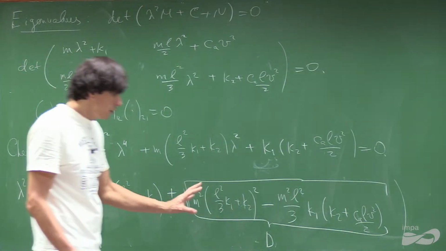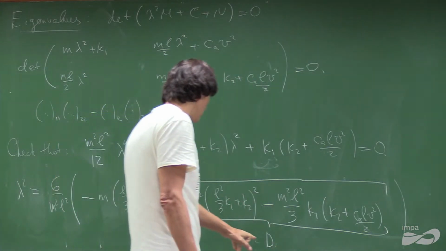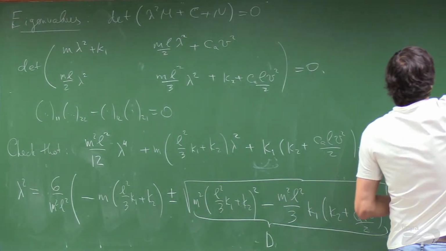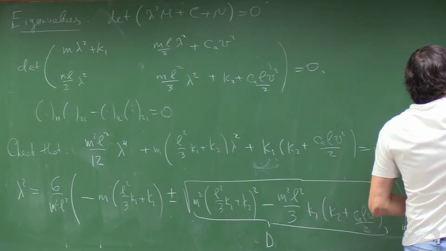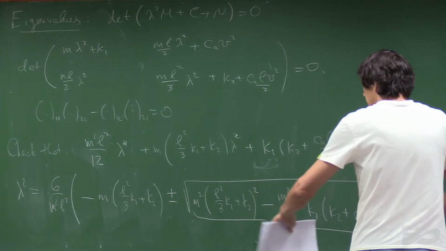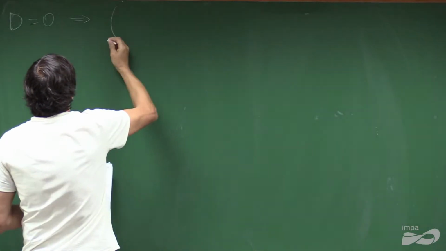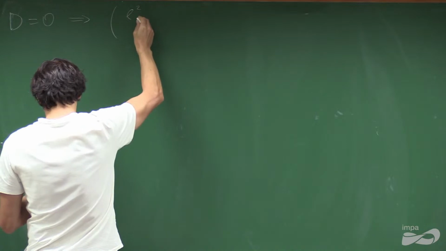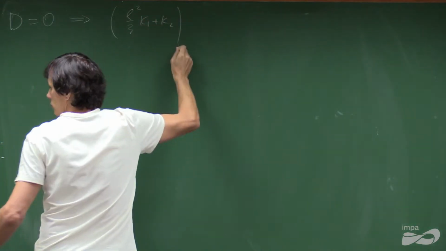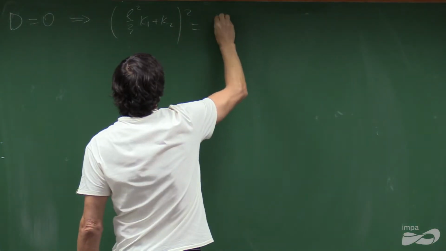So the main difference that we'll see will depend on the value of the discriminant. So let's find when the discriminant changes its sign. If D is 0, then these two terms should be equal. So the first term should be equal to the second term.